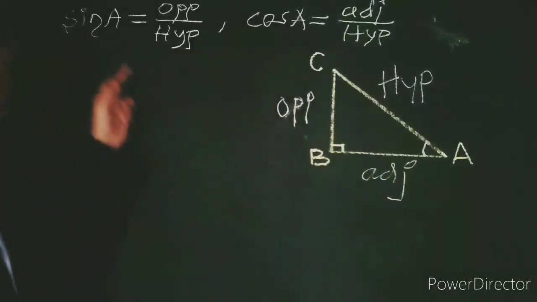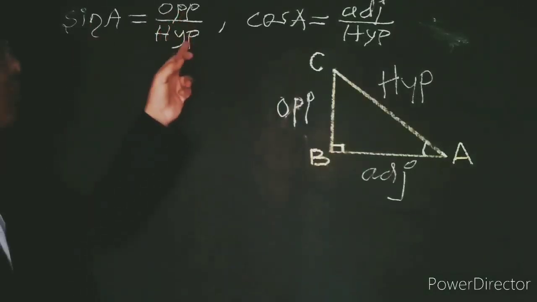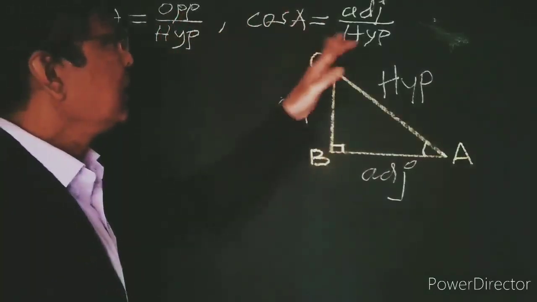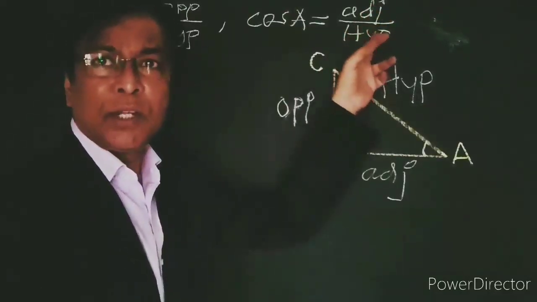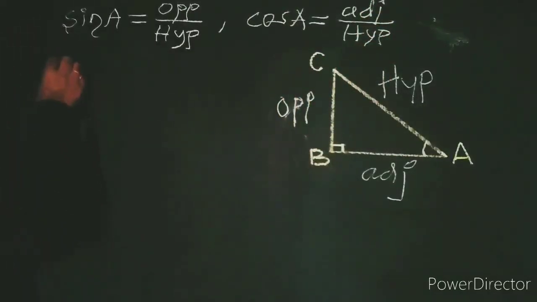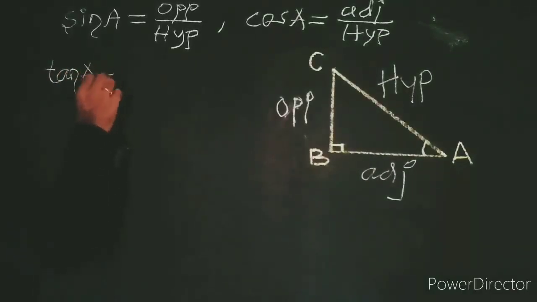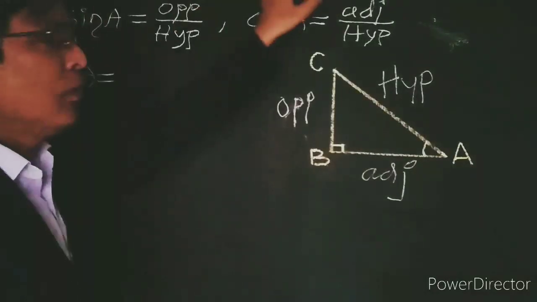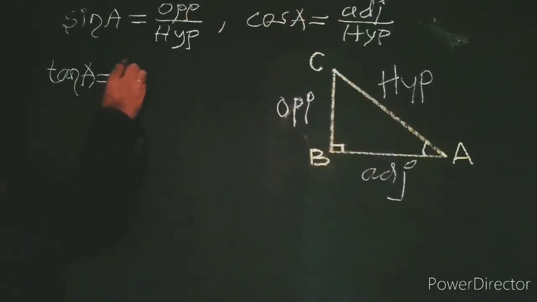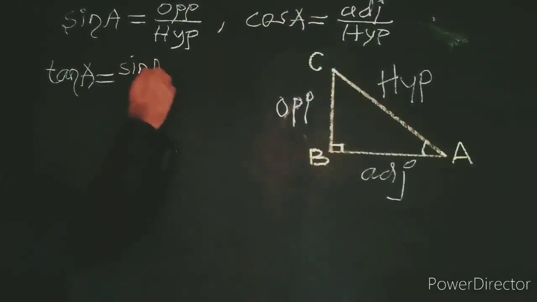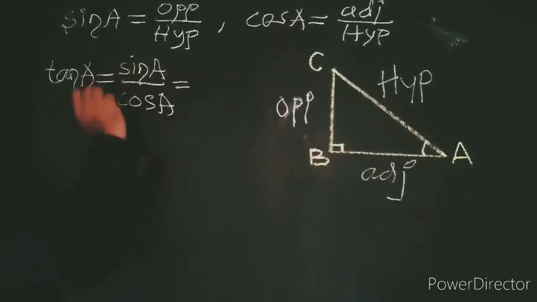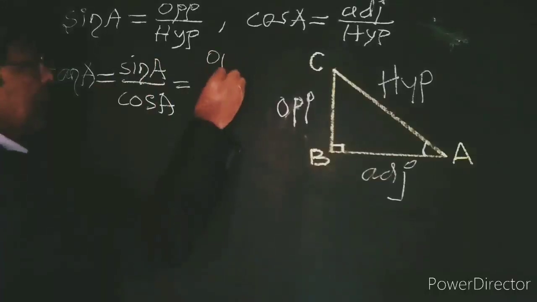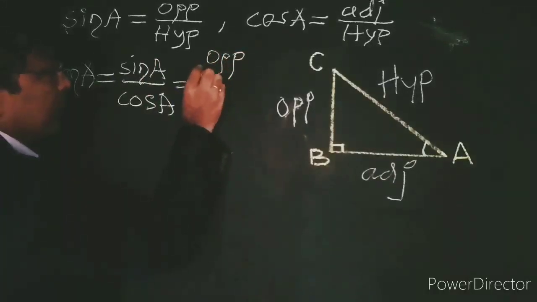Sine is opposite upon hypotenuse and cos is adjacent upon hypotenuse. To get the third ratio, tan, we have to divide the sine ratio by the cos ratio, that is sin A upon cos A. What is sin A? That is opposite side upon hypotenuse.